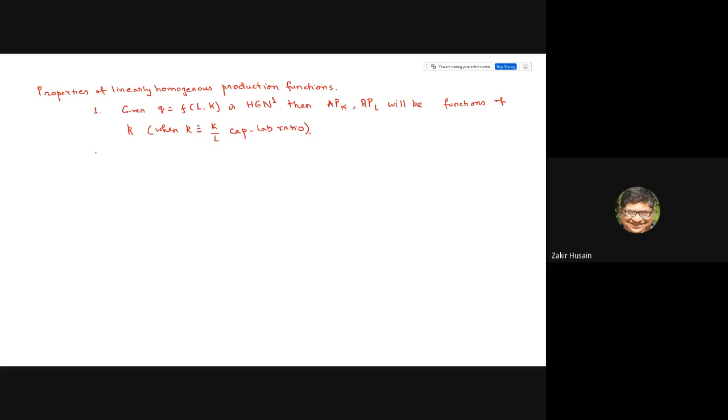The second property is that MPL and MPK are also functions of small k.